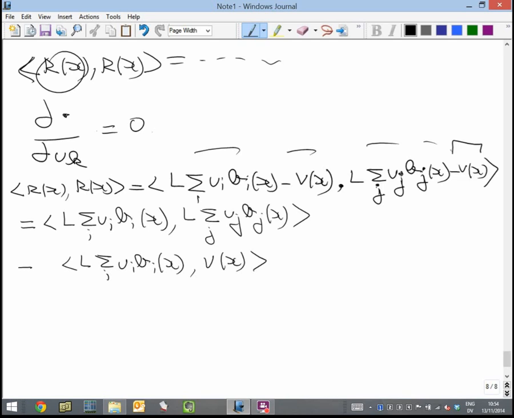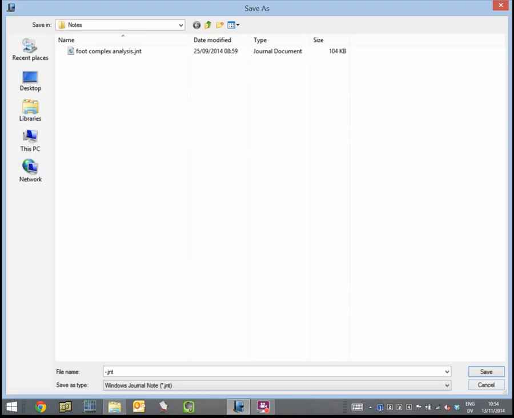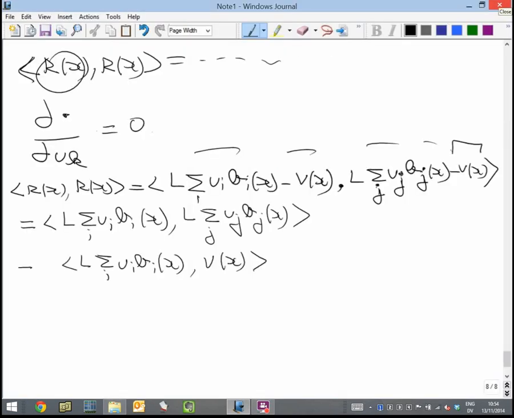What about number 3? Number 3 is the product of these two guys. So this thing with this thing. So that's v times a sum. Now remember I told you that the scalar product is commutative. So that's actually the same as the scalar product of this sum with v.